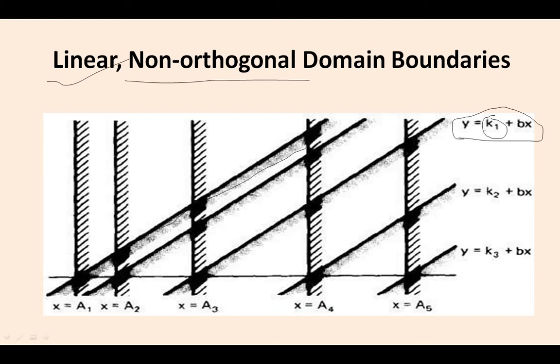Next, coming to line number 2, it is also in the form of a linear equation, and we have some set of x values: x is equal to a1, a2, a3, a4, a5. The x values are already given, and the k values are constants. These are not perpendicular to each other, just crossing each other. That's why these are called non-orthogonal and linear boundaries. These non-orthogonal and linear boundaries can be represented like this.